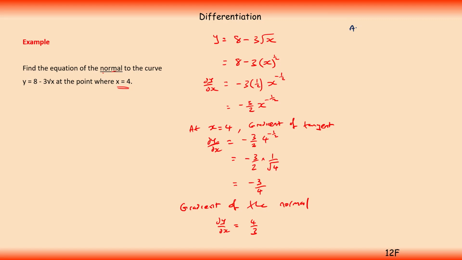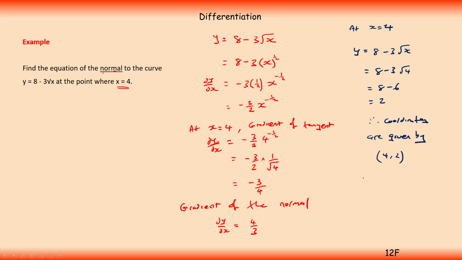So if we say at x equals 4, y is equal to 8 minus 3 root x, which is equal to 8 minus 3 square root of 4, which is going to be 8 minus 3 times 2, 2. So our coordinates are given by 4 and 2.